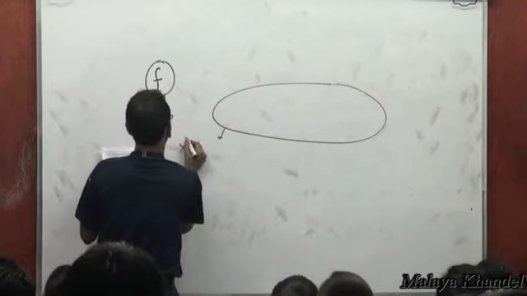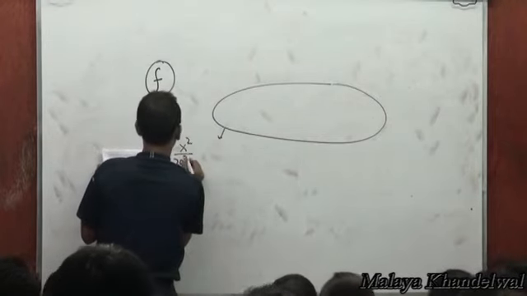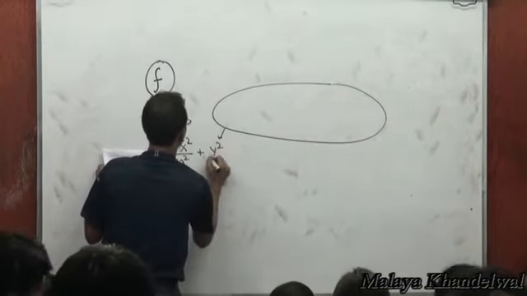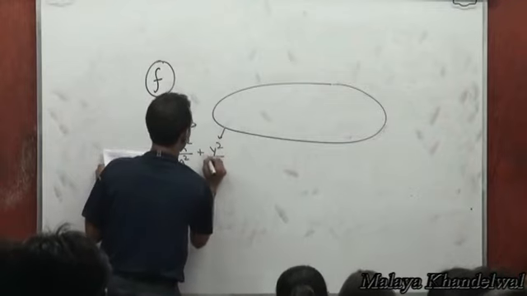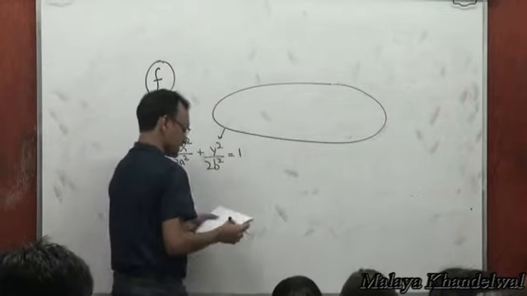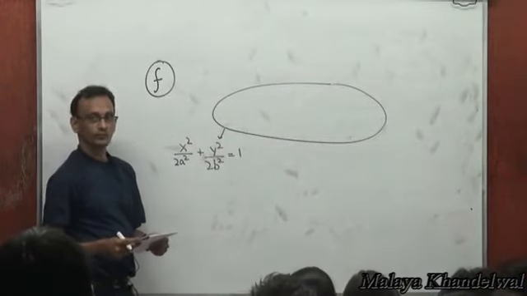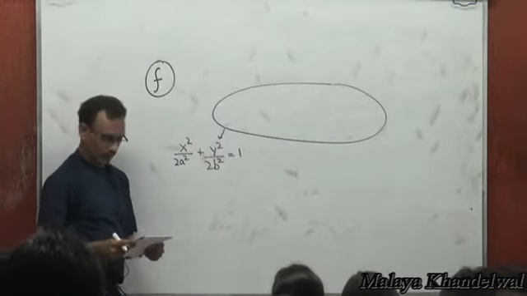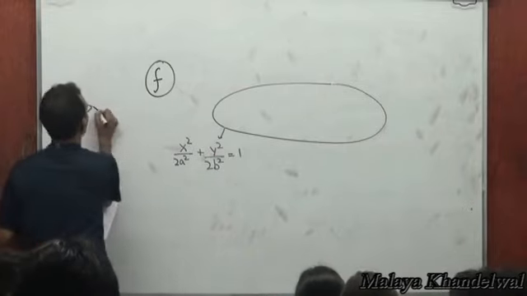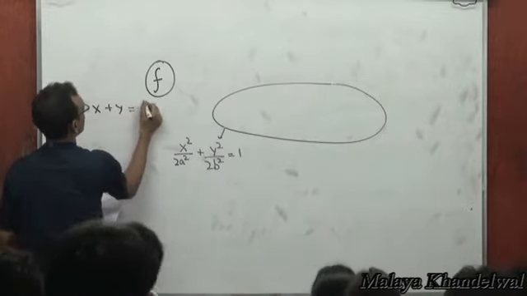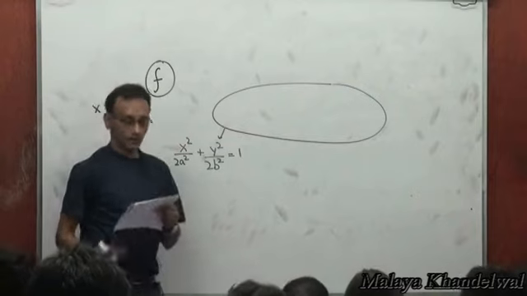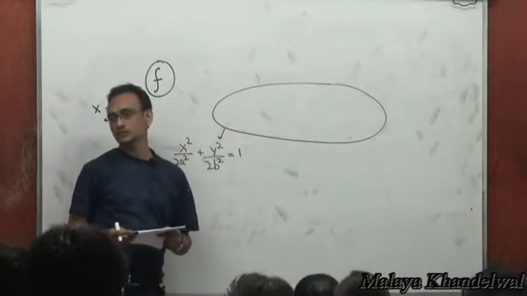The ellipse x squared by 2a squared plus y squared by 2b squared equal to 1 is the ellipse. Now x plus y equal to b is a certain line.